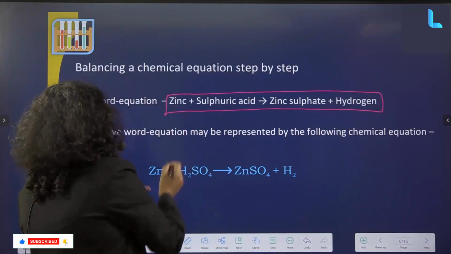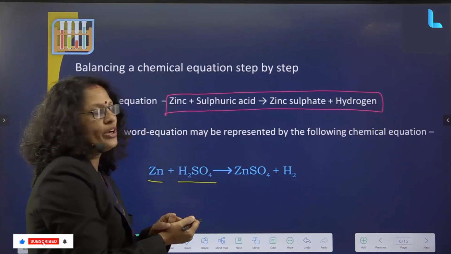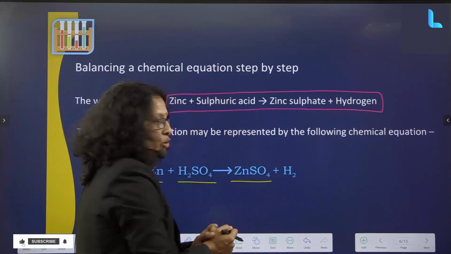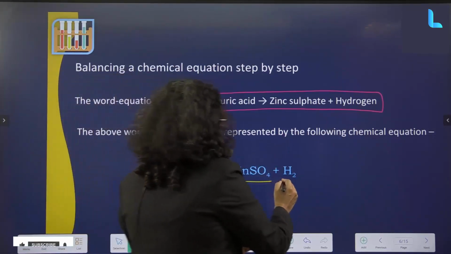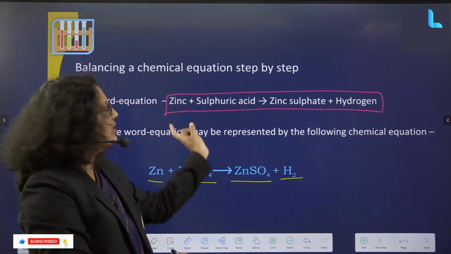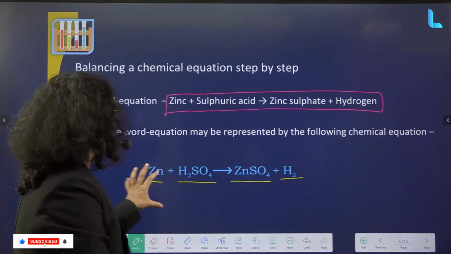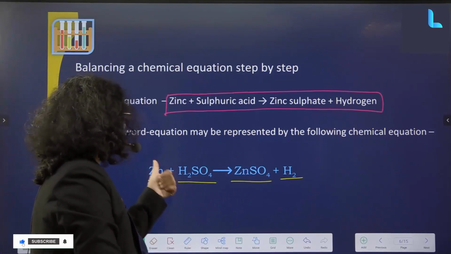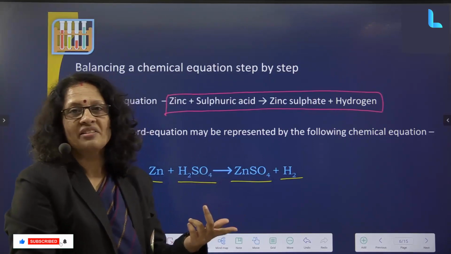Now see, the symbol for zinc is Zn, sulfuric acid is H2SO4, zinc sulfate is ZnSO4, and hydrogen is H2. So if we write it in a further condensed form, this is the word skeletal equation, and this is the formula equation. Now we have to see whether this equation is balanced or not. Balanced or not means we have to check atom by atom, left hand side as well as right hand side.